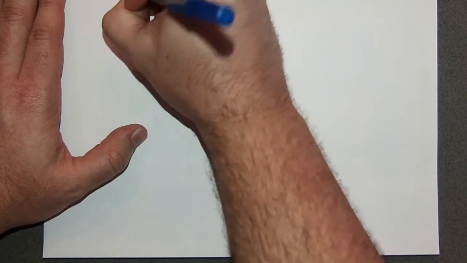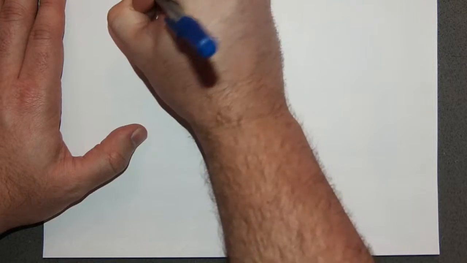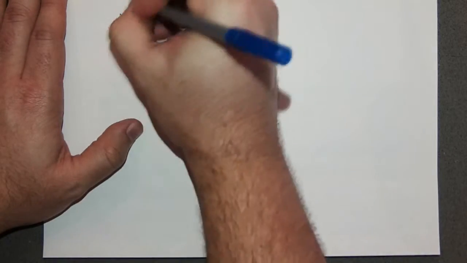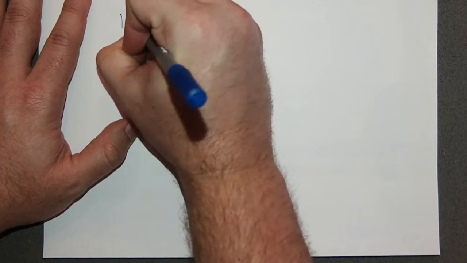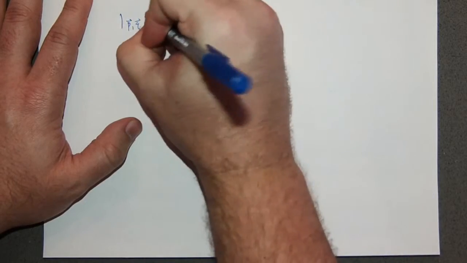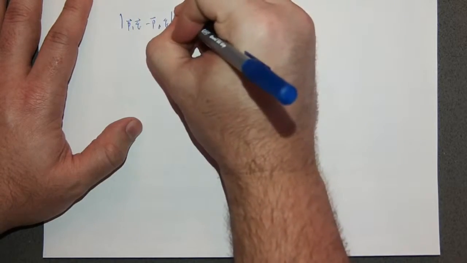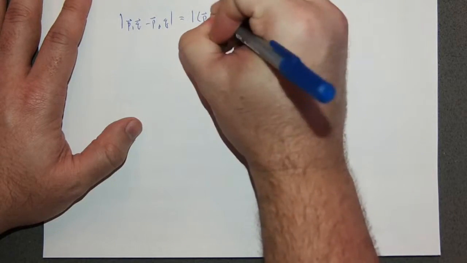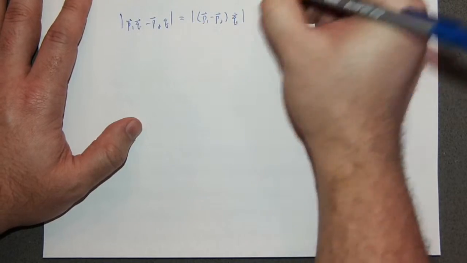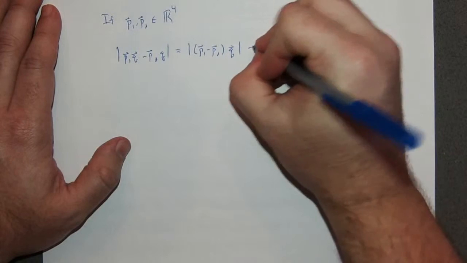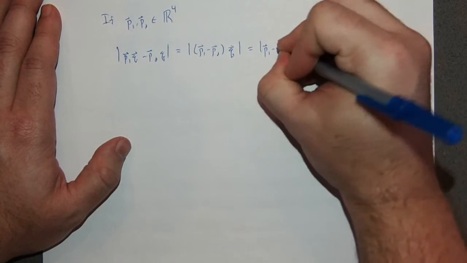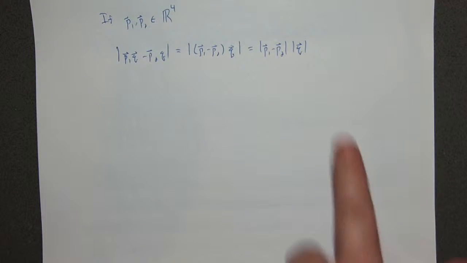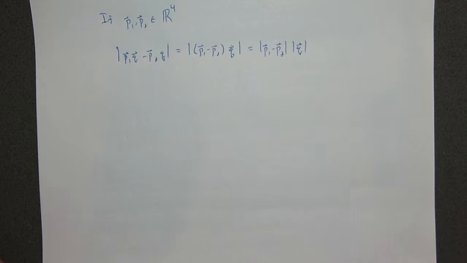So if P1 and P2 are 2 points in R4, then the distance from, say, P1Q to P2Q is equal to the length of P1 minus P2 times Q. I'm just factoring out there, which of course is the length of P1 minus P2 times the length of Q. And so this tells you that all distances are multiplied by the length of Q. Okay.